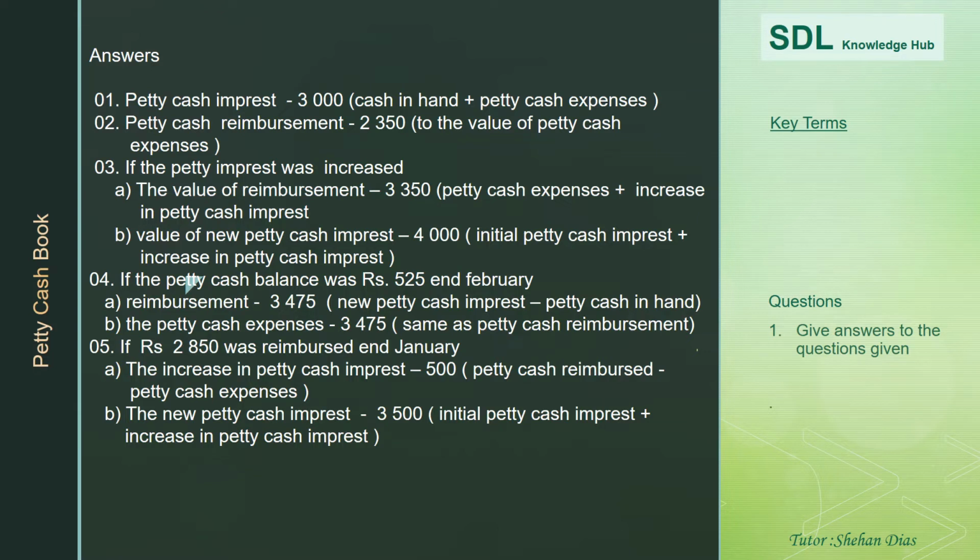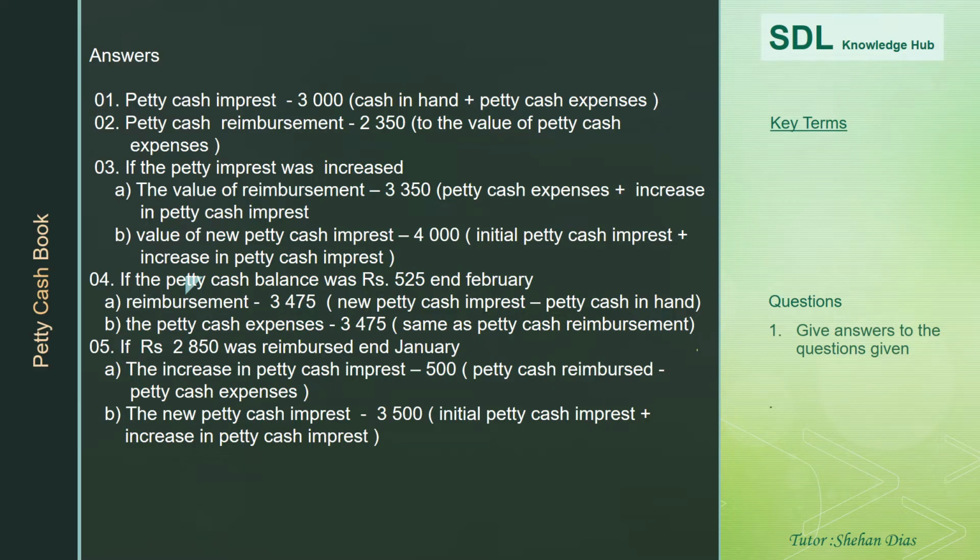The third question, if the petty cash imprest was increased, then what is the value of reimbursement? This increase was by 1000, so the reimbursement will be petty cash expenses plus the increase in petty cash imprest.